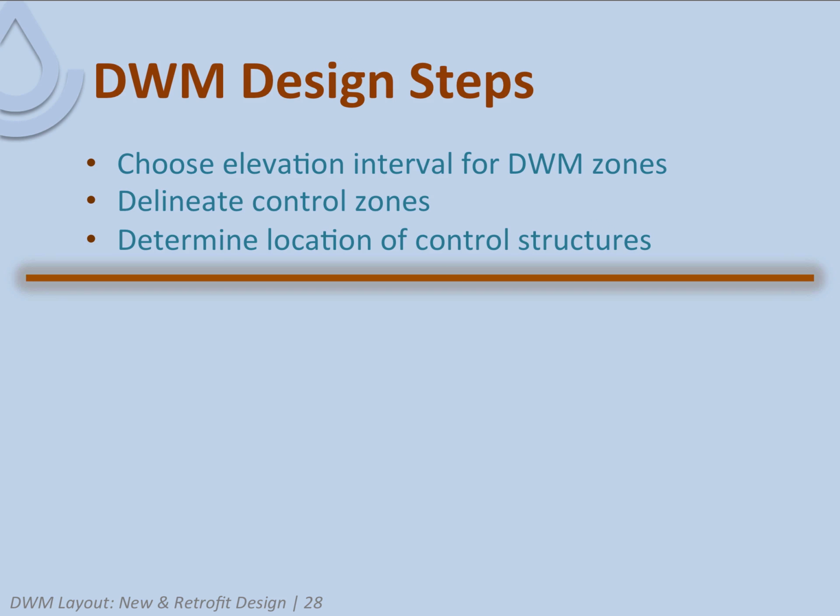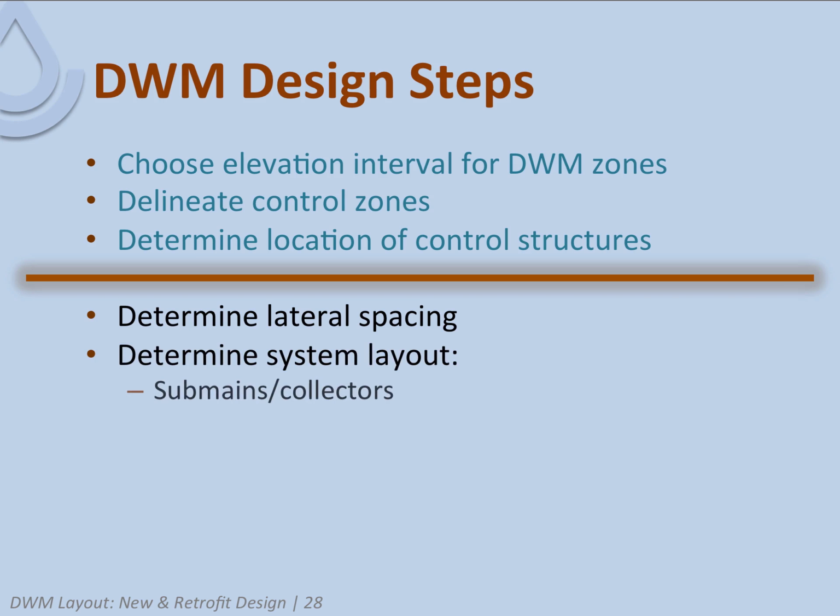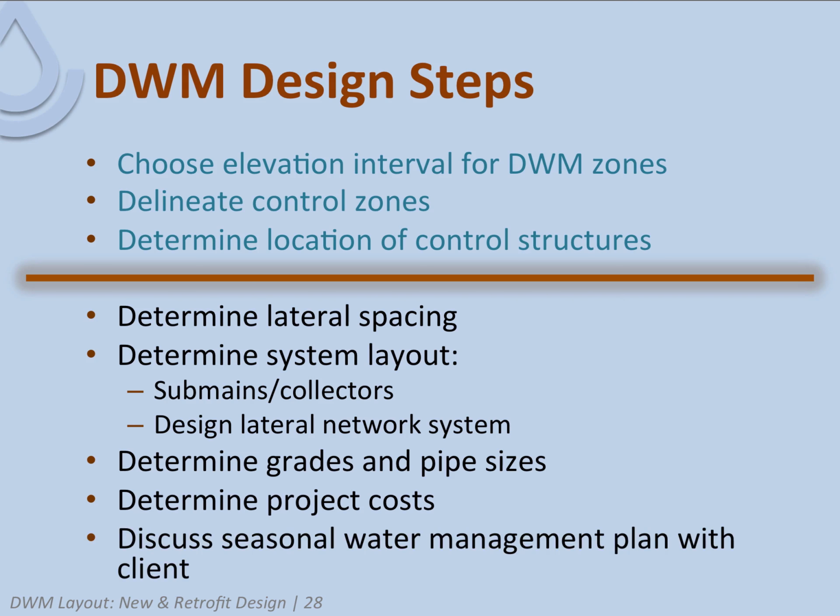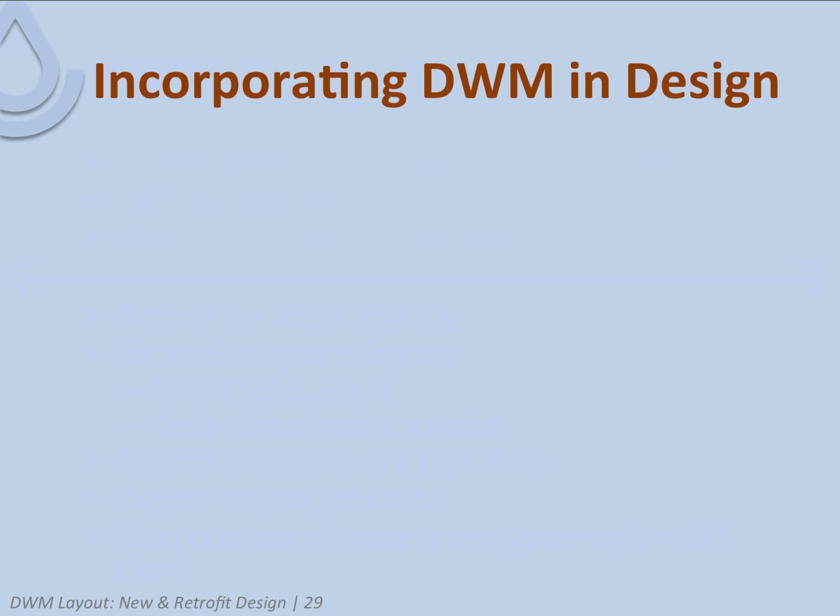So after those three steps, though, the rest of the steps required for designing the drainage system fall in the category of traditional design. Everything else here you have to do in the design of a traditional drainage system, with the exception of the last step here, the discussion of water management plan with the client. But everything else is traditional drainage stuff after we get finished with the first three steps.